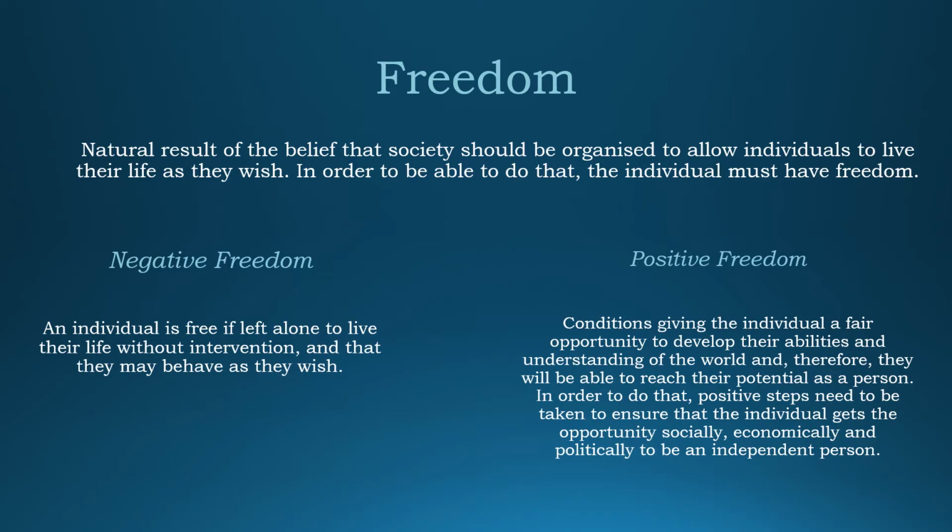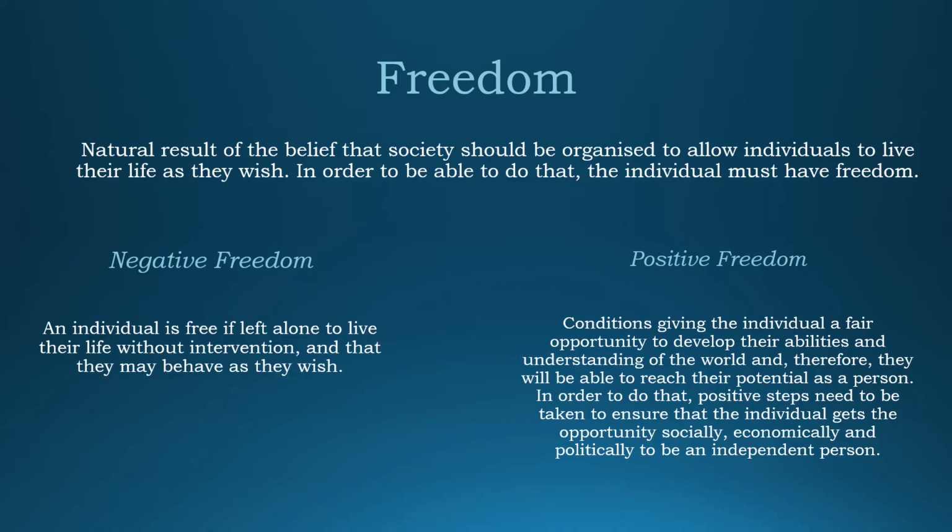Freedom is a supreme political value for liberals. However, they are not in favor of absolute freedom. Liberals advocate freedom under the law because they recognize that one person's liberty may be a threat to the liberty of others. There have been many arguments on how freedom can be practically ensured, and in his famous writing, Two Concepts of Liberty, Isaiah Berlin mentioned two types of freedom, which are negative and positive freedom.